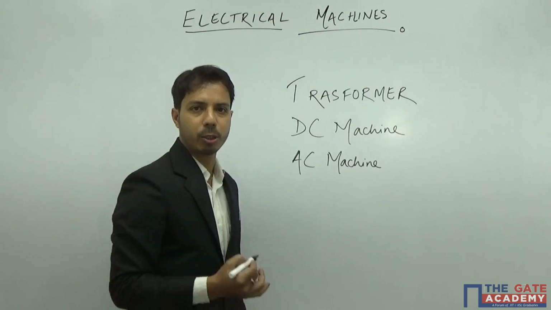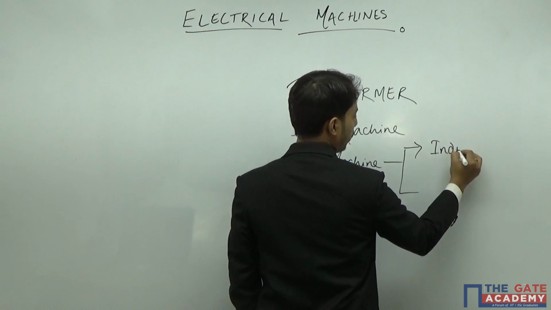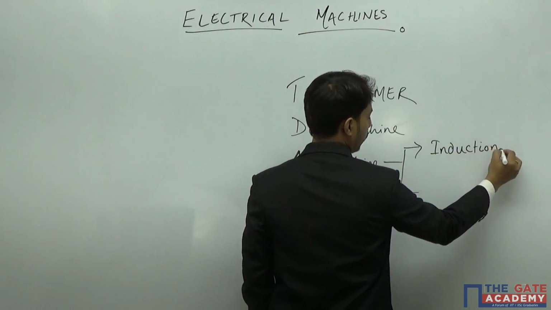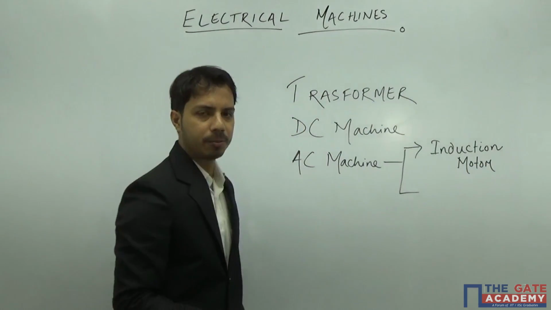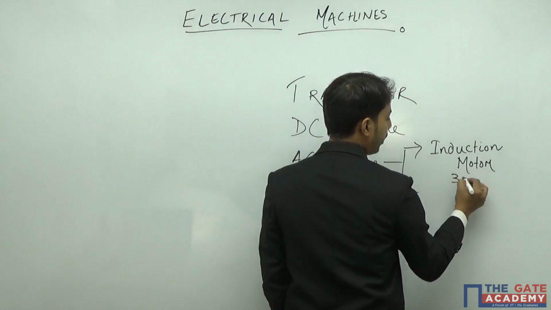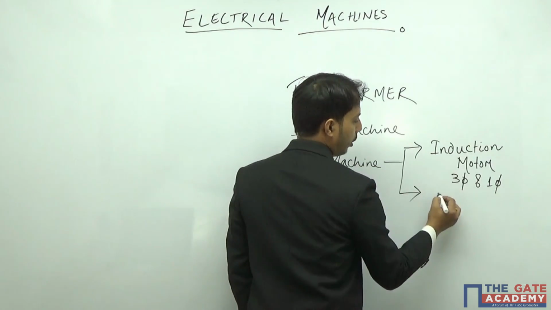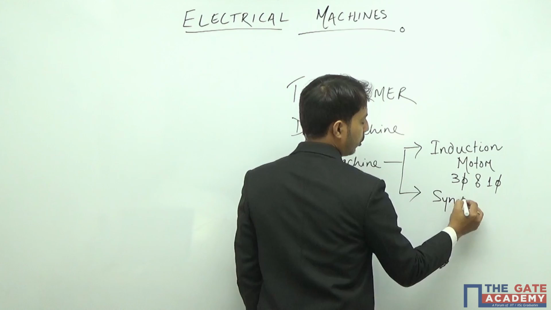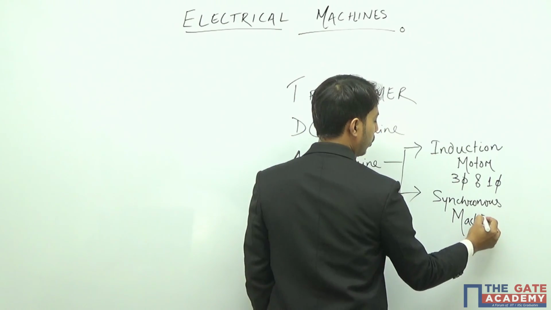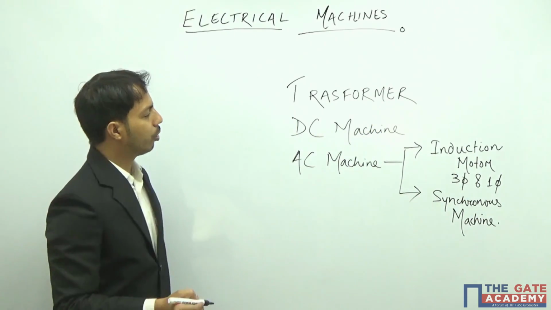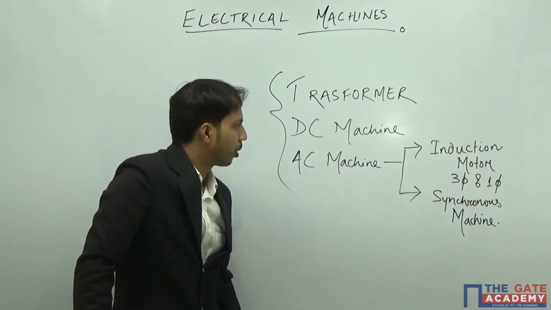In AC machines, we study 2 types of machines, which are induction motor, and in induction motor we study 3-phase as well as single phase, and synchronous machine. So this is the compact syllabus of electrical machines for GATE.